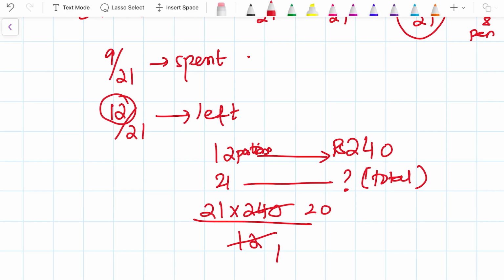So 21 into 20 becomes rupees 420, which is the total amount of money Imran had.